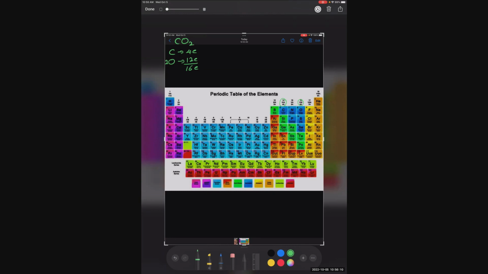I like to boil this down to the number of pairs of electrons. So 16 electrons is 8 electron pairs, because 16 divided by 2 is 8. After counting the number of valence electrons, the next step is to draw the skeleton of the molecule. We write the atom with the higher bonding capacity at the center. In this case, carbon has a bonding capacity of 4, so that would be in the center.